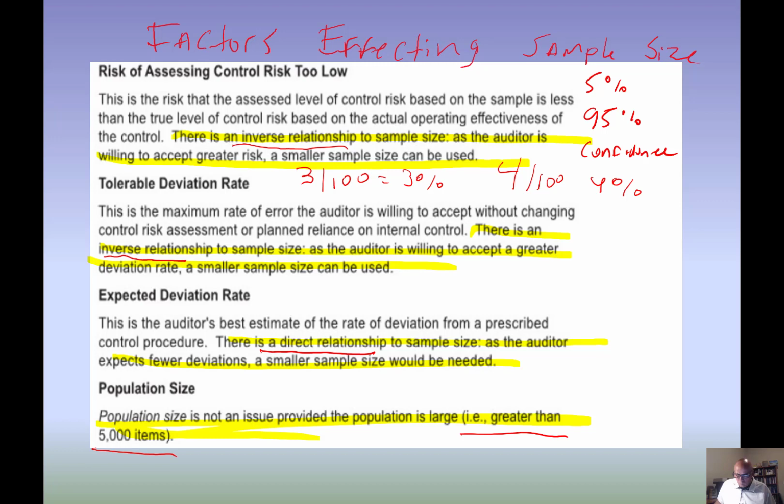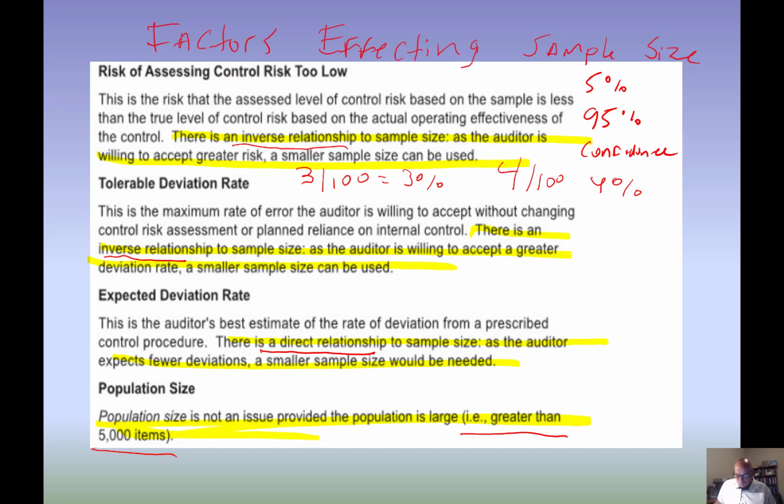In their sampling guide from SAS 39, there are tables that you should use for smaller populations, but the logic works the same. So we're not going to worry about smaller populations. We're just going to assume larger populations, and that it really has no effect on our sample size.